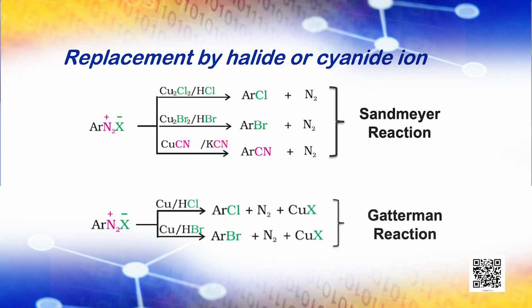Alternatively, chlorine or bromine can also be introduced in the benzene ring by treating the diazonium salt solution with corresponding halogen acid in the presence of copper powder. This is referred to as Gattermann reaction. The yield in Sandmeyer reaction is found to be better than Gattermann reaction.